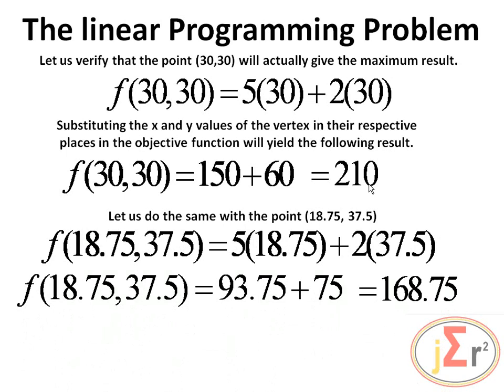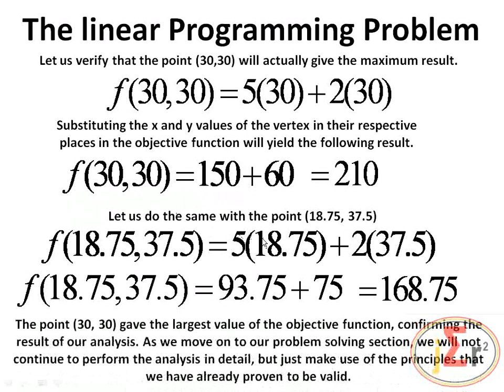So of course we are sure that the point (30, 30) will yield the optimal solution. The point (30, 30) gave the largest value of the objective function, confirming the result of our analysis. As we move on to our problem solving section, we will not continue to perform the analysis in detail, but just make use of the principles that we have already proven to be valid.